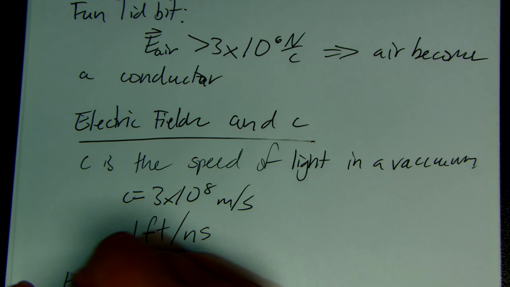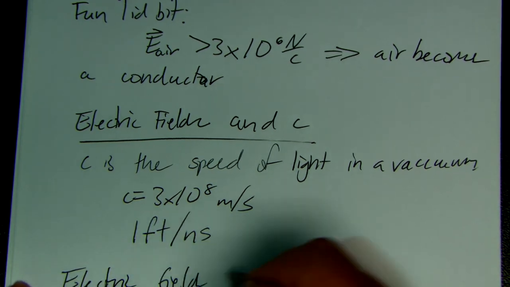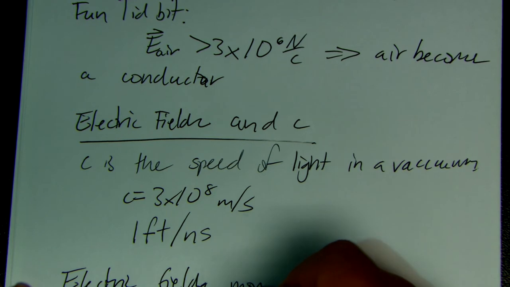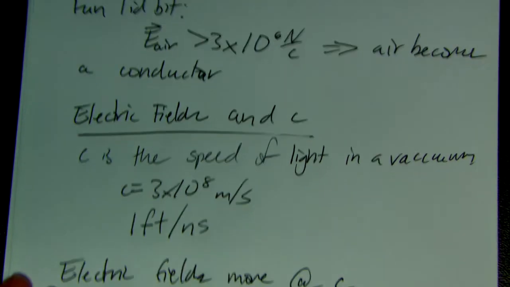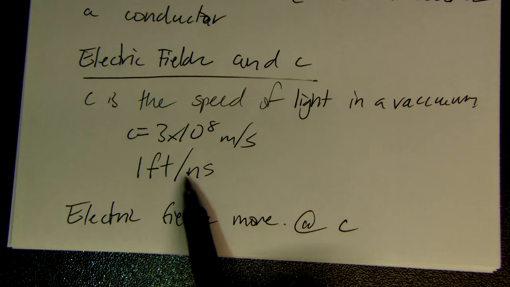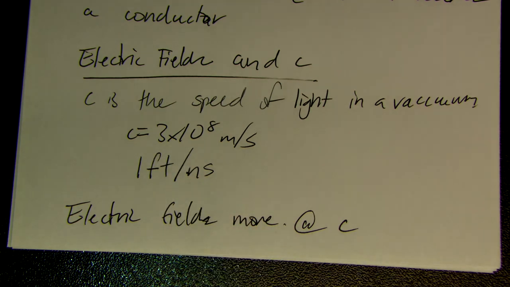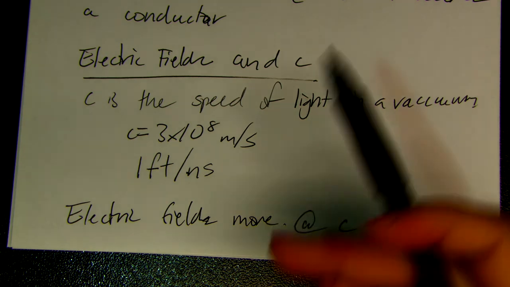Now, electric fields move at c. So if you produce an electric field, it will travel at the speed of light. So there are some real world consequences for knowing that, for example, an electric field travels 1 foot per nanosecond.